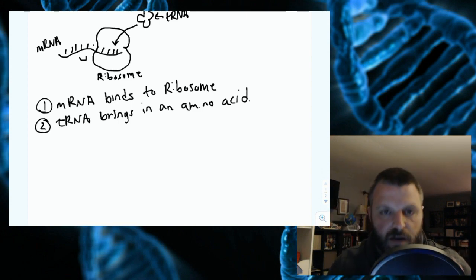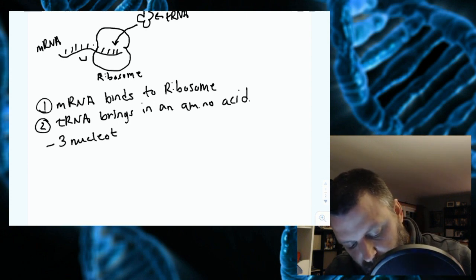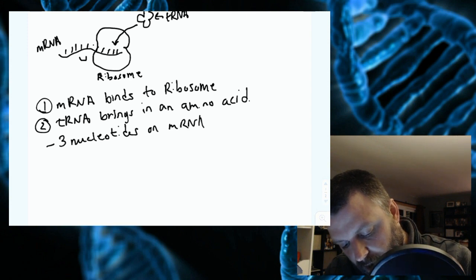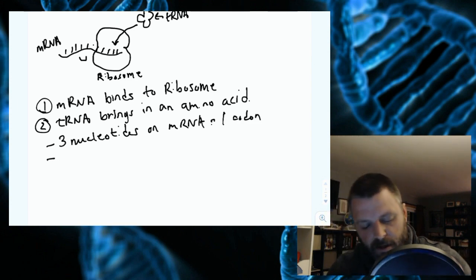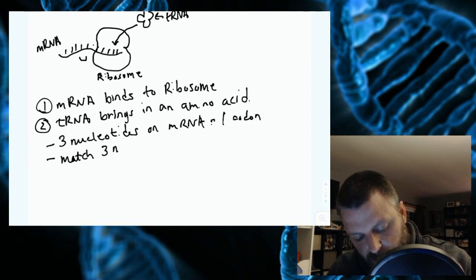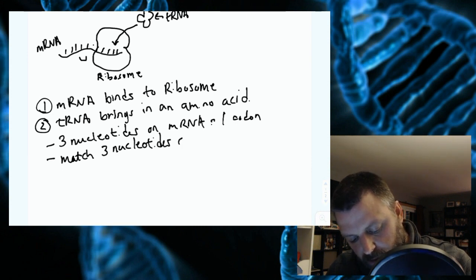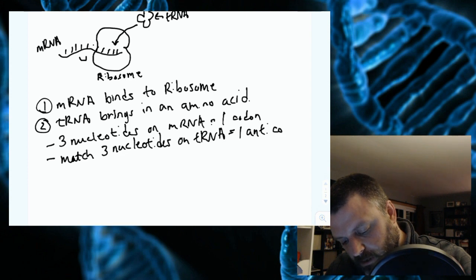Okay, and here's how it knows which amino acid to bring in. All right, 3 nucleotides on mRNA is called a codon. Okay, those 3 nucleotides on mRNA match 3 nucleotides on tRNA, and that is called one anticodon.